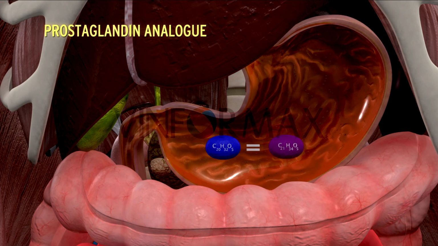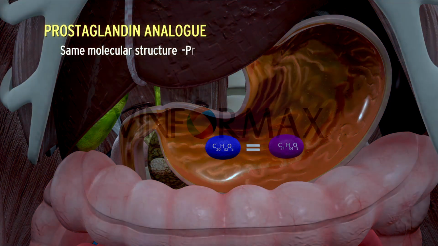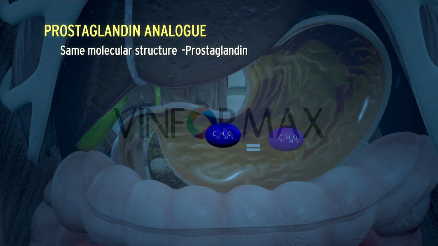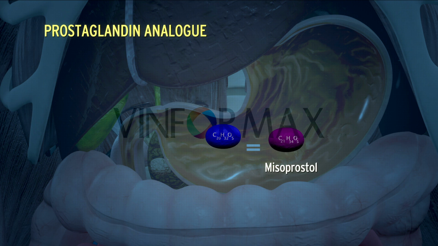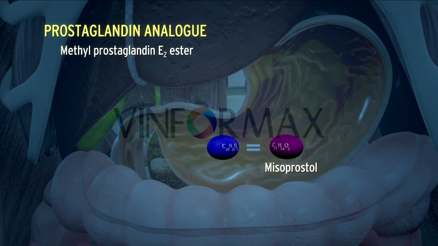Let us discuss prostaglandin analog. A compound having the same molecular structure as the prostaglandin is called a prostaglandin analog. Misoprostol, that is methyl prostaglandin E2 ester, is a classic prostaglandin analog used to reduce acid secretion.